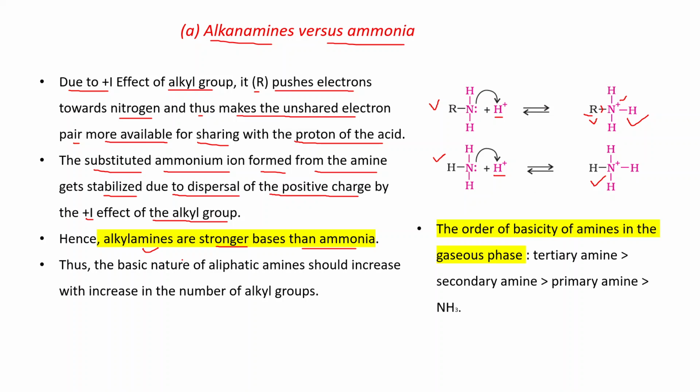That's why the basic nature of aliphatic amines should increase with an increase in the number of alkyl groups. So we can arrange the aliphatic amines in this decreasing order of basic nature in the gas phase: tertiary amine most basic, then secondary, then primary, and least basic is ammonia. Remember, this order of basicity is in the gaseous phase.